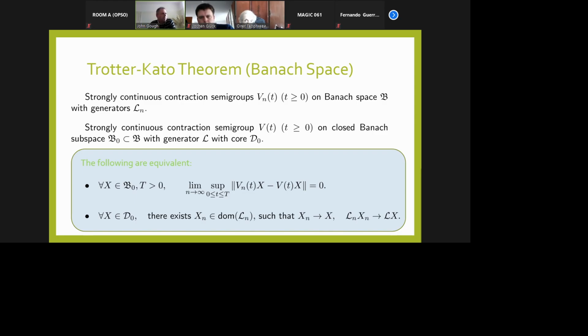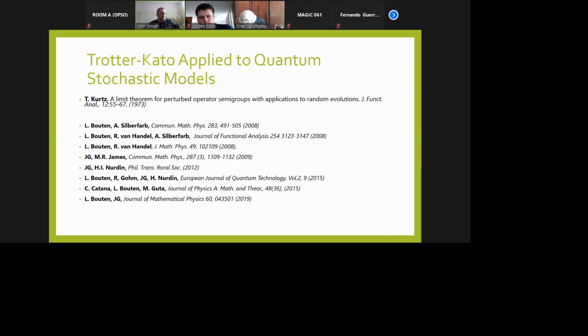Right, so we've already had one talk, I think, which referred to this paper by Kurtz. The credit for applying this to quantum stochastic models actually goes to Luke Boughton, as I've mentioned, and he did this in collaboration with Andrew Silberfarb.